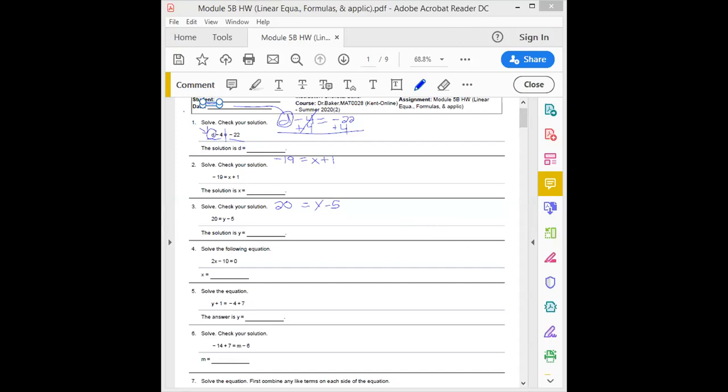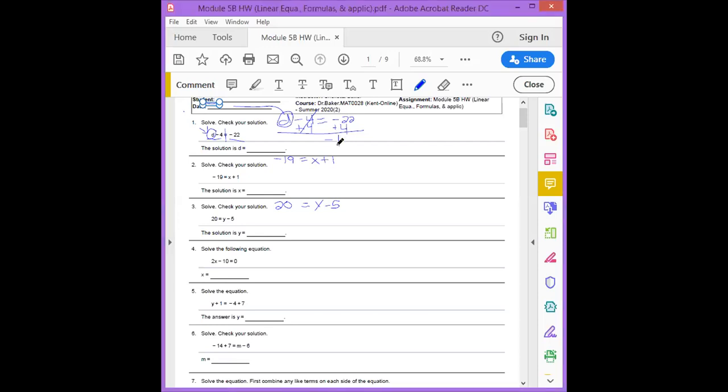On the right side of the equation, you have negative 22, and remember we added 4. So negative 22 plus 4 gives us negative 18. So replace your equal sign, and we'll have the value of d is equal to negative 18. That's negative 18, our solution.